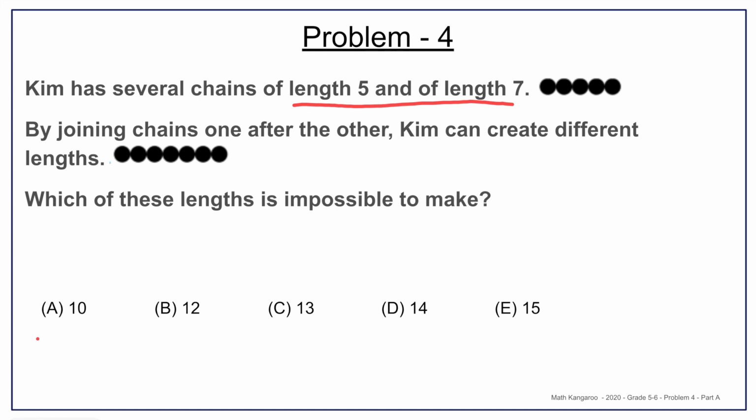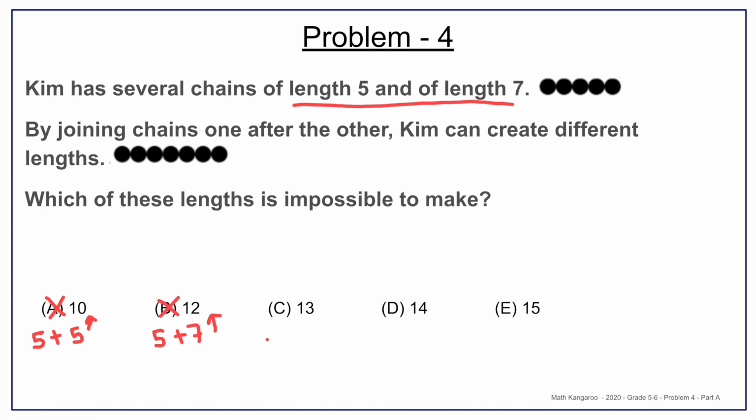Option A. Kim can just use two 5-link chains and make 10. This is possible, so this is not our answer. Option B, Kim can try 5 link and 7 link, which gives us 12. This is possible, can't be our answer.